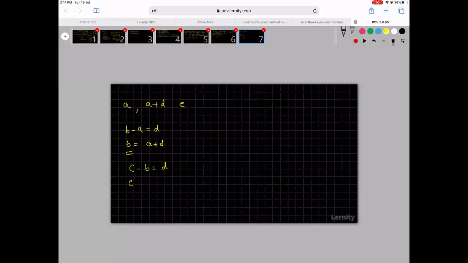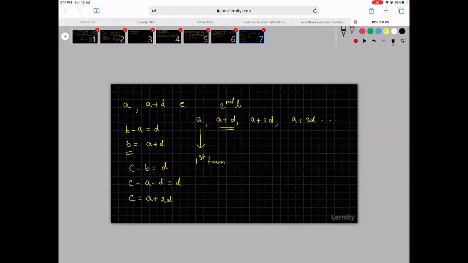That means C minus A minus D is equal to D. That means C is equal to A plus 2D. So my terms are coming like this: A plus D, A plus 2D, A plus 3D, and so on. Where what is A? First term. What is A plus D?